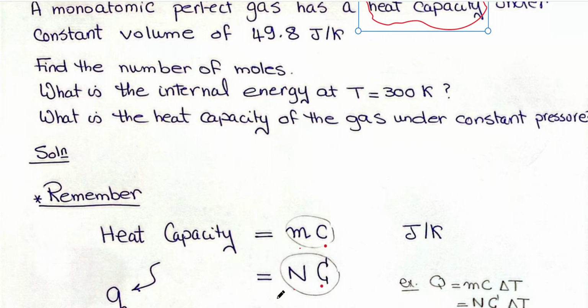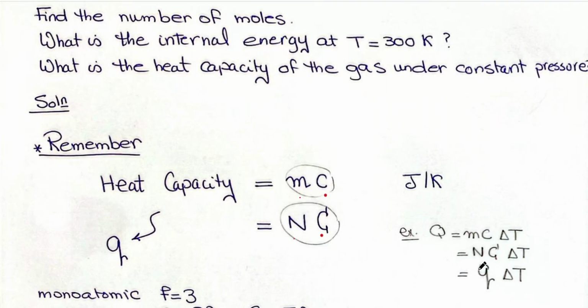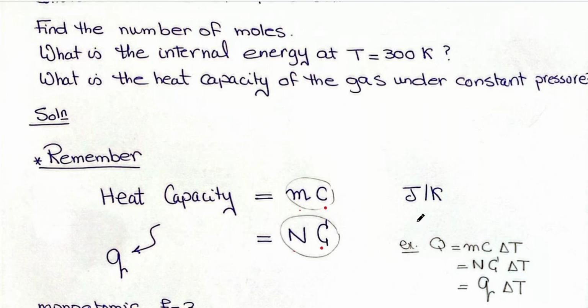This is called the heat capacity, and sometimes we give it the symbol Q small. So when you write heat energy equals MC delta T, or you write it NC delta T, you can also write it Q delta T. Q stands for the heat capacity.